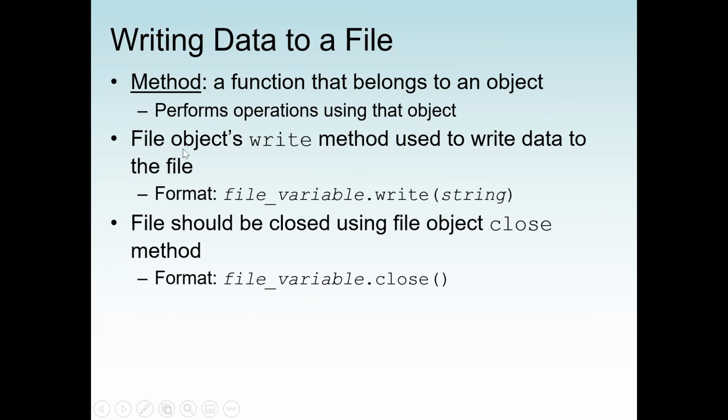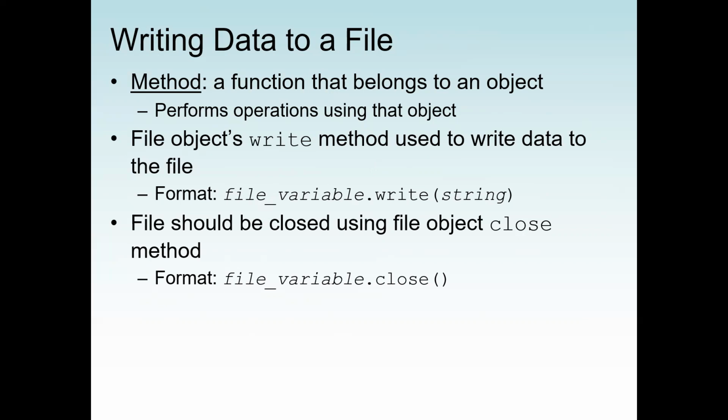Here, a file object's write method can be used to write data to the file. And this is the format: file variable dot write, string. In this case, the file variable is the object. Remember object-oriented programming: we have a class with methods in the class.